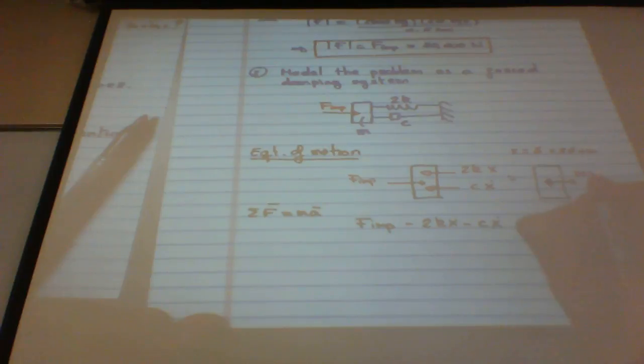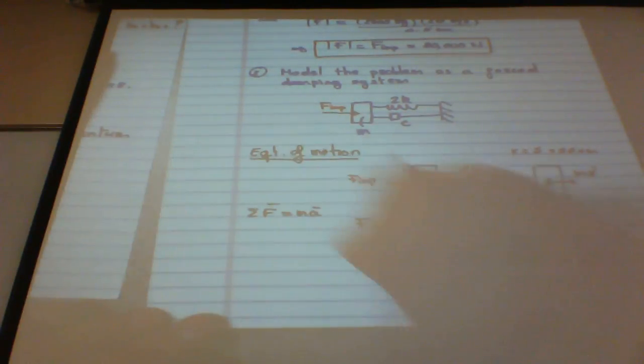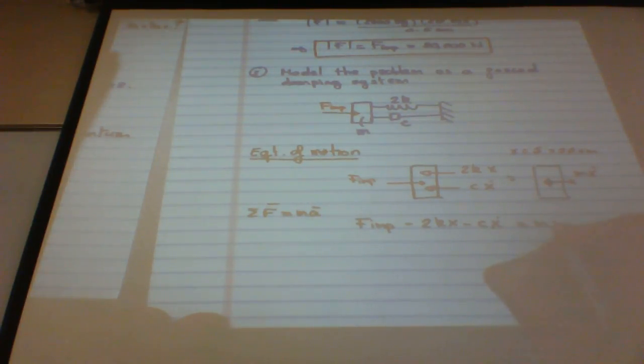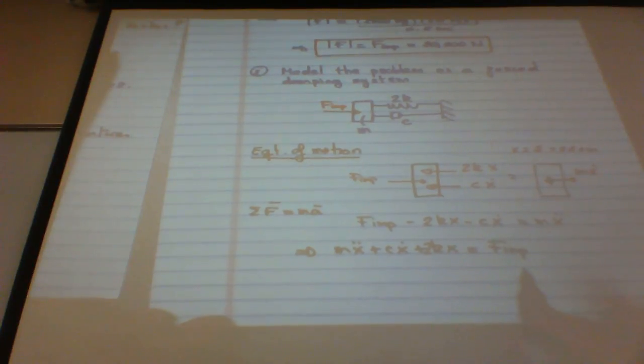Mx double dot. So basically, we have the equation of motion, mx double dot plus cx dot plus 2kx equal force of the impact.